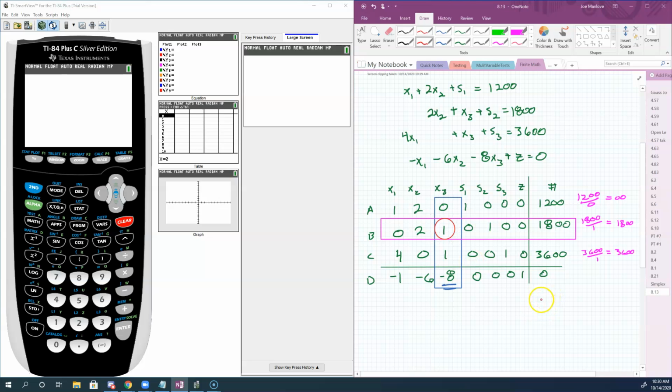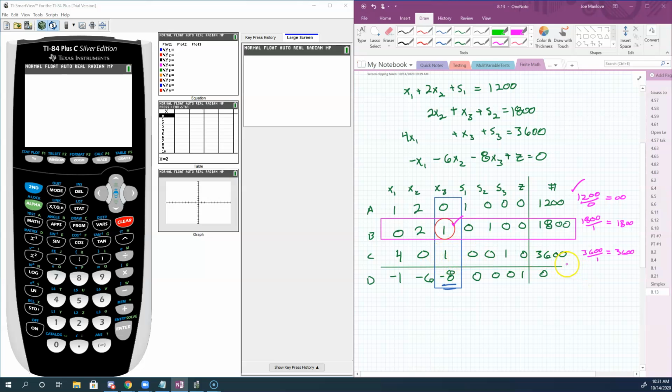With that, my next step is I need to clear that column. So the way I'm going to do that is I'm going to say, all right, so column or part A is kind of check, right? That's already got a 0 in it. My pivot's already 1. Check on that. My next thing is I need this 1 to be a 0.